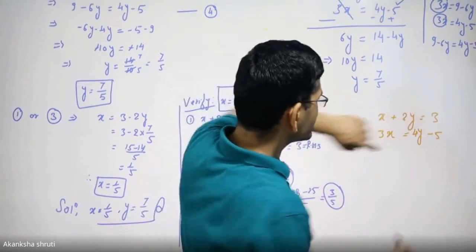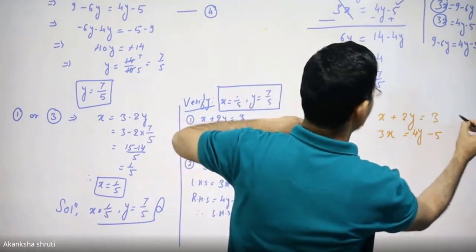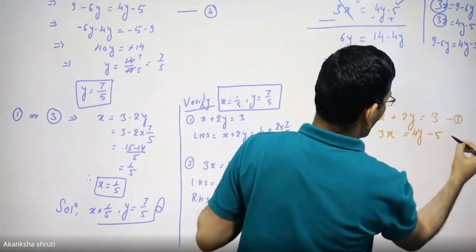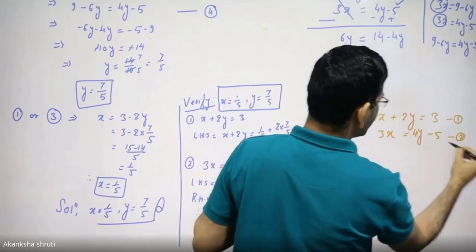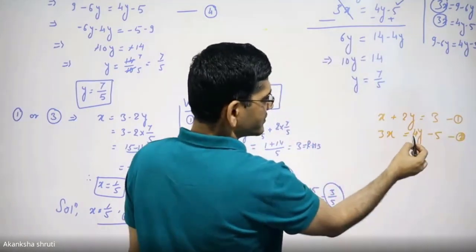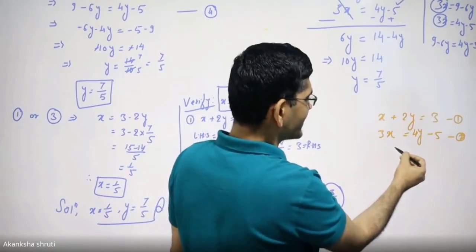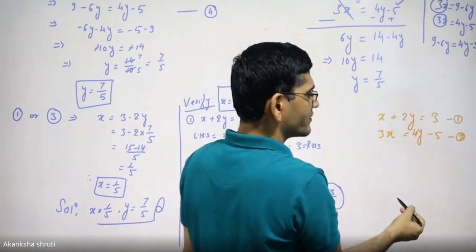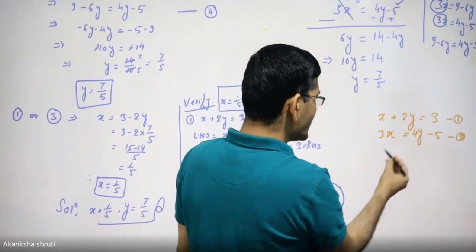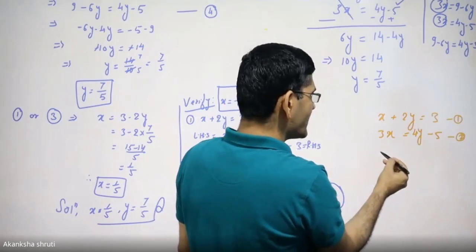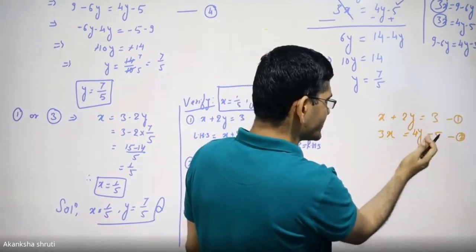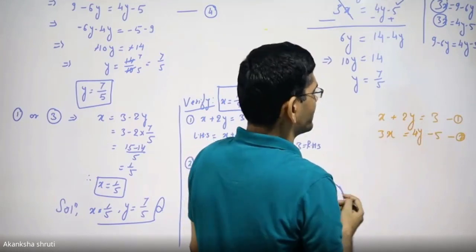Observe, the first equation has all the variables on the left hand side, and in the second equation some variables are on the left hand side, some on the right hand side. Therefore you must convert this second equation with all the variables on the left hand side.